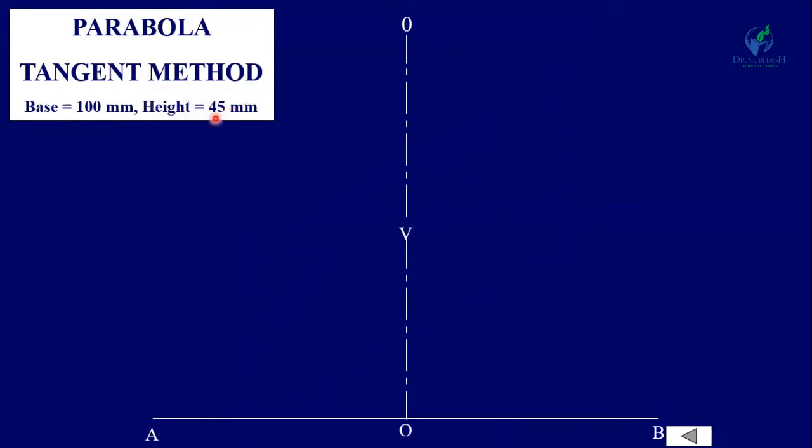In this tangent method, you have to draw a vertical line which is equal to 90 mm, double the height.